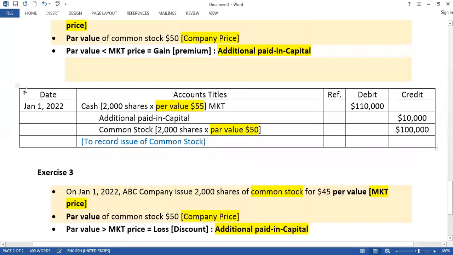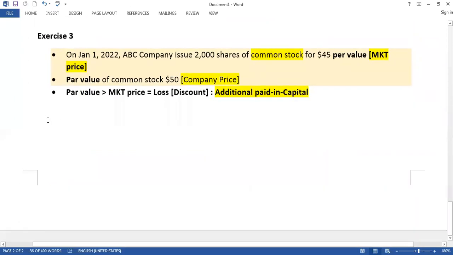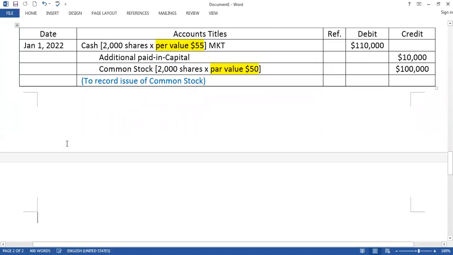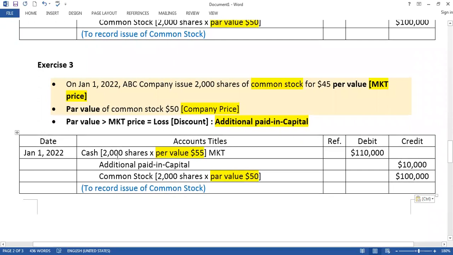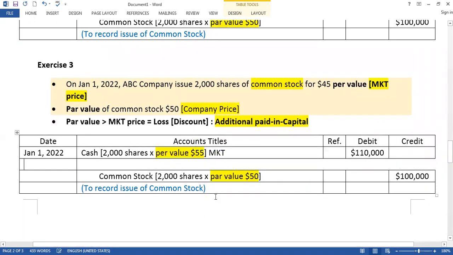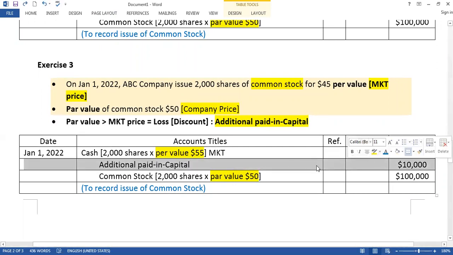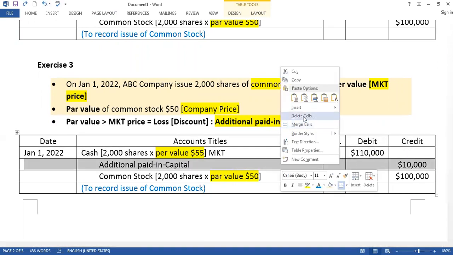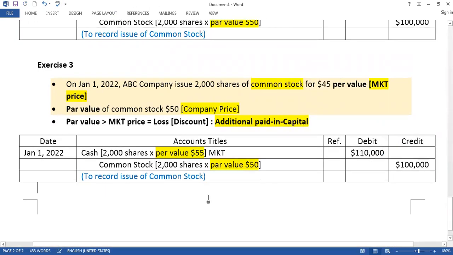Okay, like here. Now I copy this one, and I delete this column first.